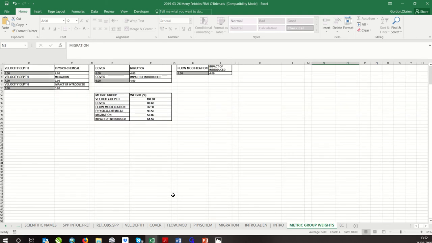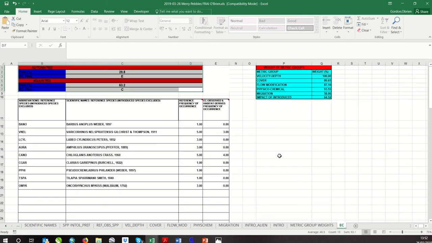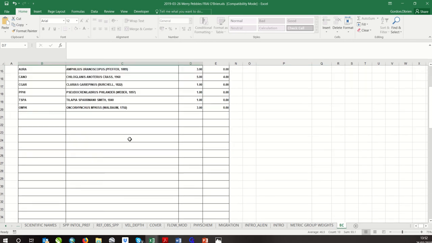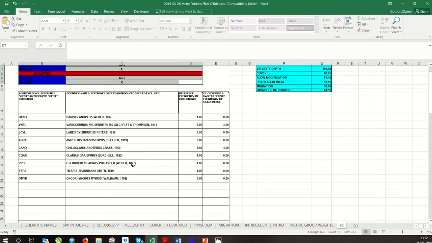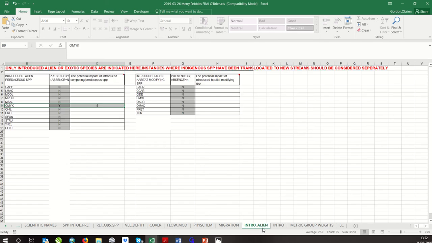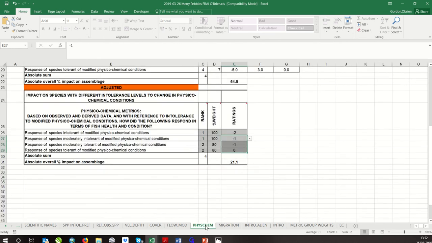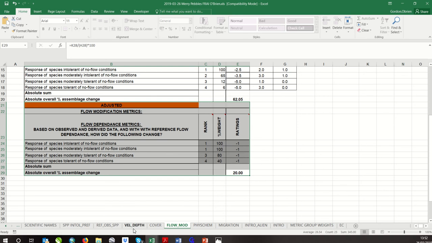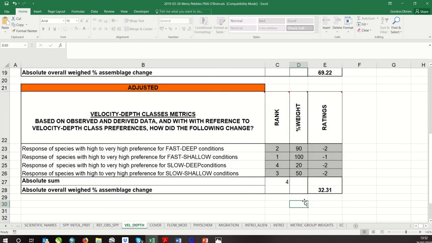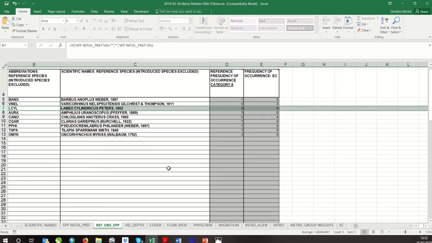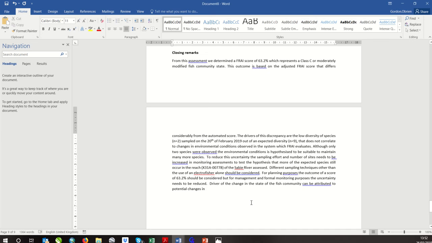That's just your weightings, but it doesn't give you all of your scores. I think I may be using a slightly older version. So migration is 68. Physical chemical is 21. 20 for flow velocity depth is 32.